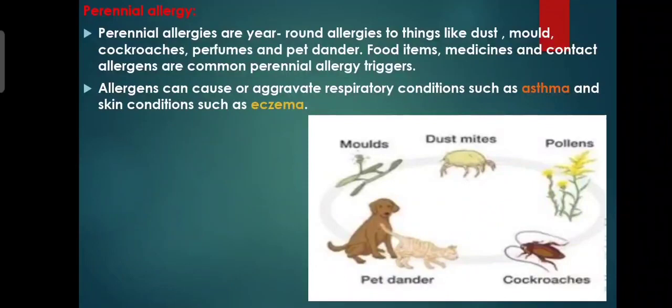Treatment. Several treatment options exist for the management of perennial allergy. If a specific allergy has been identified, avoiding the substance you are allergic to may be helpful in managing your symptoms. You may want to work on decreasing the prevalence of allergens in your home.